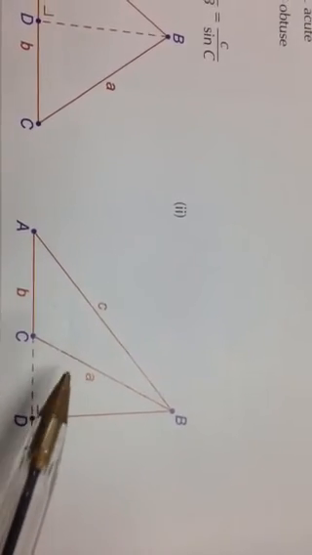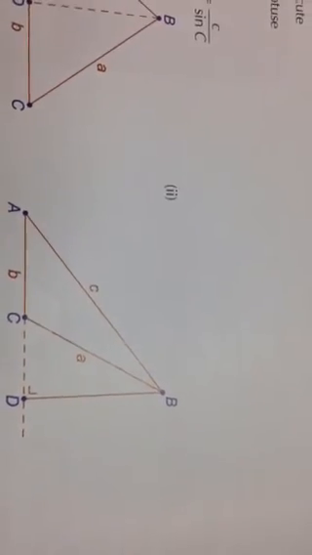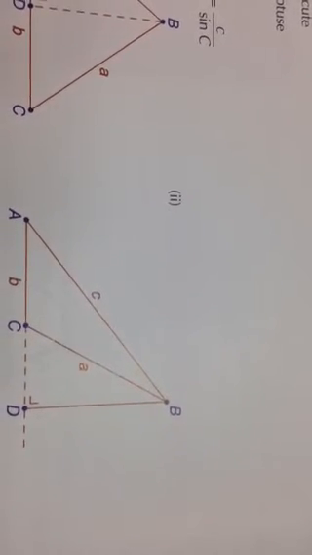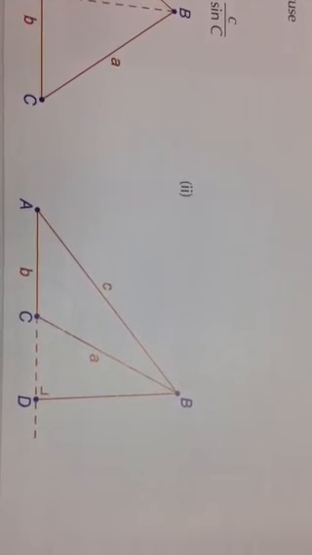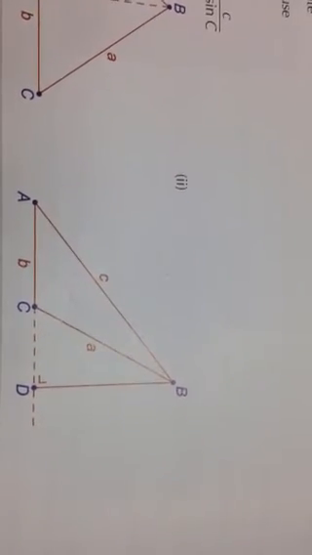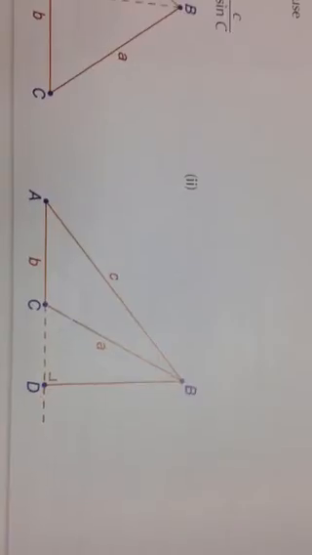Now, the reason for that is that sine is positive in your first and second quadrant. So if you're getting the sine of 30, that's the same as the sine of 150. If you're getting the sine of 40, that's the same as the sine of 140.